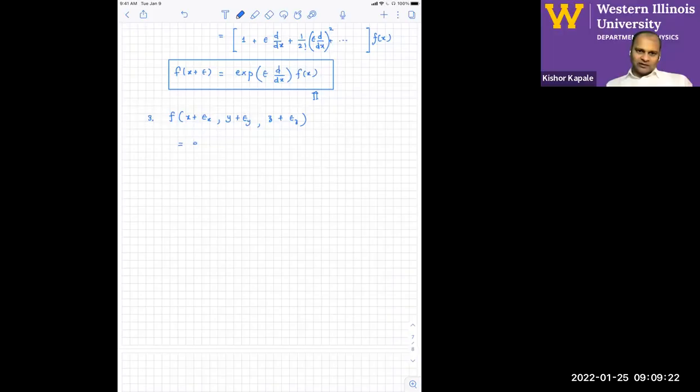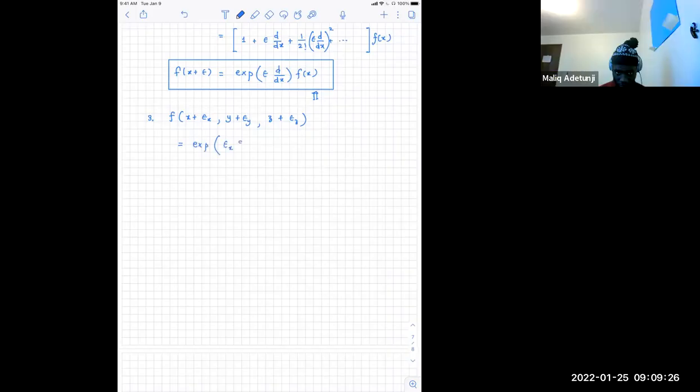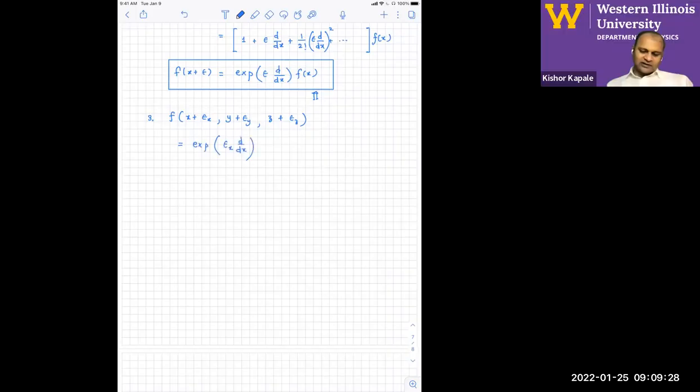So how about I do this? I apply epsilon x d over dx. That will take care of the Taylor expansion part for the x. Then I multiply by this. And then I multiply, of course. Then you can see it's a simple extension.